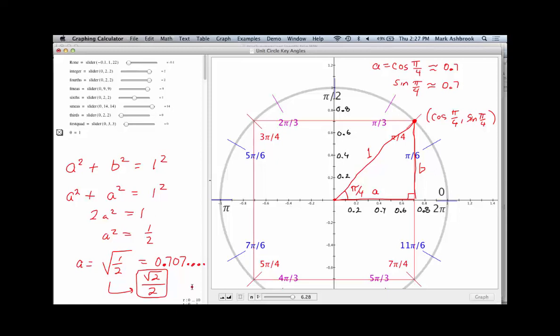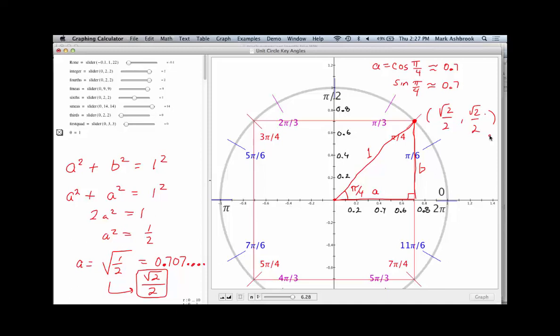So we just got the cosine and the sine of pi over 4 because we know they're the same: square root of 2 over 2 and square root of 2 over 2. Okay, any questions on that?